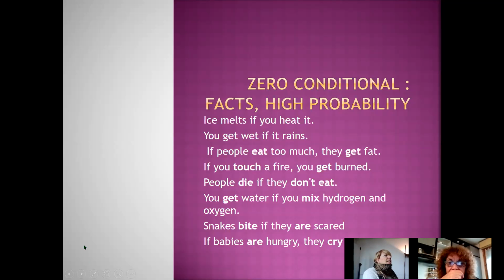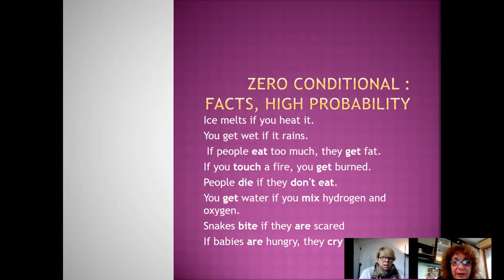Okay, so let's make some examples with the zero conditional, with facts and high probability. Anna, could you please read them? Okay. The zero conditional: facts, high probability. Ice melts if you heat it. Yes. You get wet if it rains. Yes.